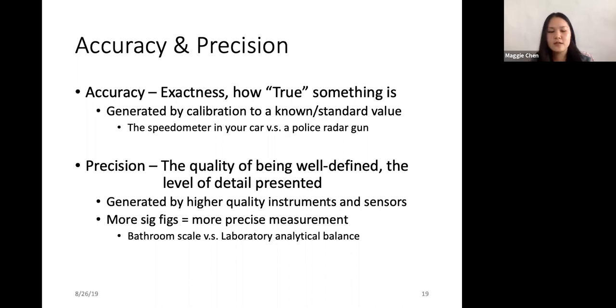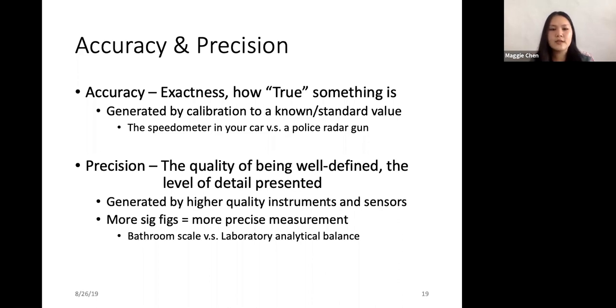But a laboratory analytical balance gives us two, sometimes three decimal places, and it's super precise in that it's also very sensitive, where even the wind blowing across it would change how much a thing weighs. So it's very sensitive. It also gives us a lot of detail. So the more precise something is, the more detail that it gives us.